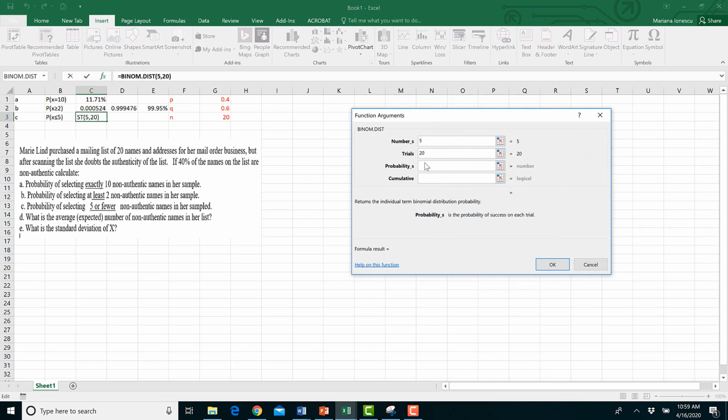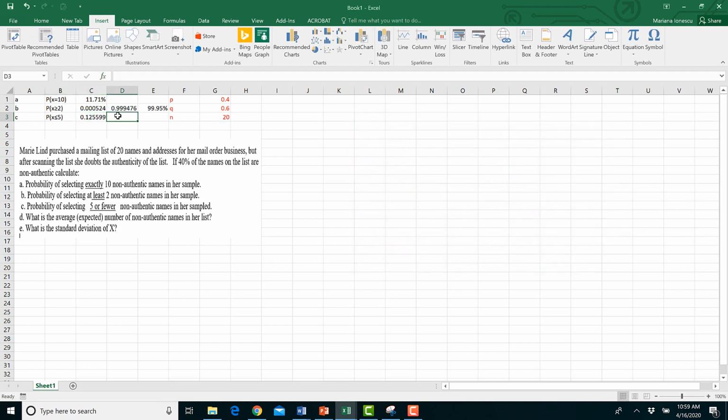We have probability decimal 4, and it's true because it's cumulative. Can be 5, 4, 3, 2, 1, or 0. And this is the probability. If we express it as a percent, it will be 12.56%.